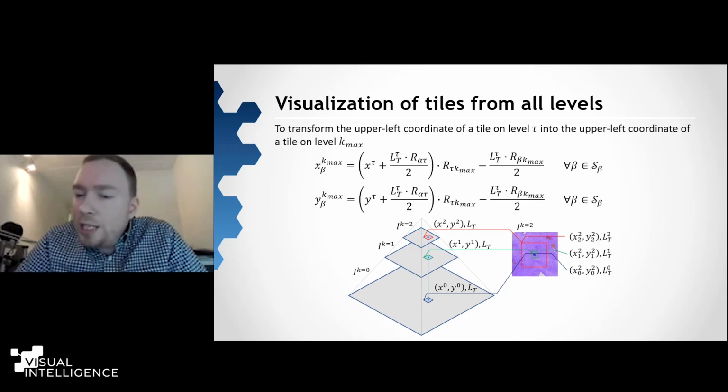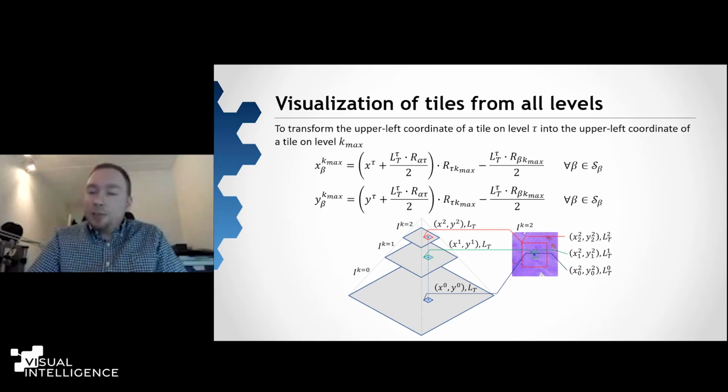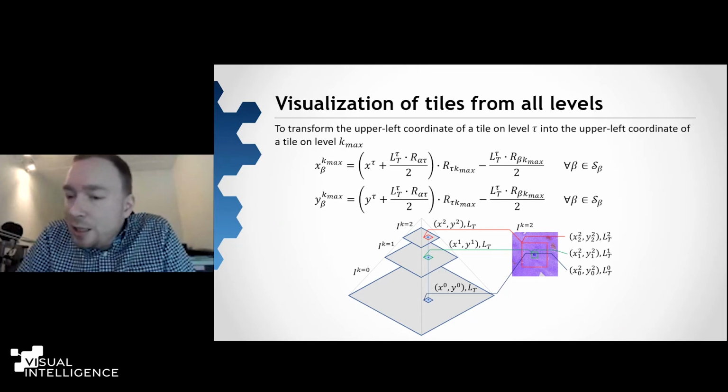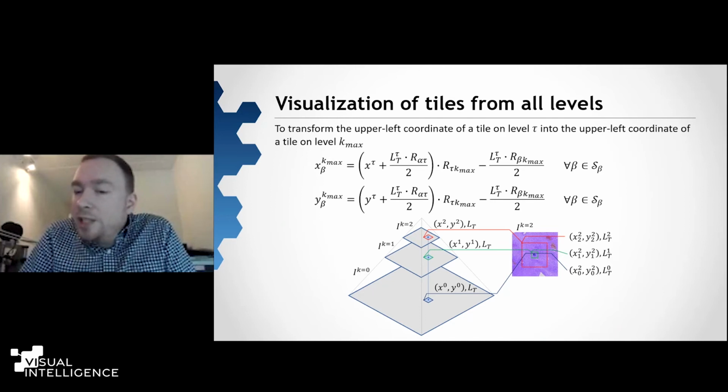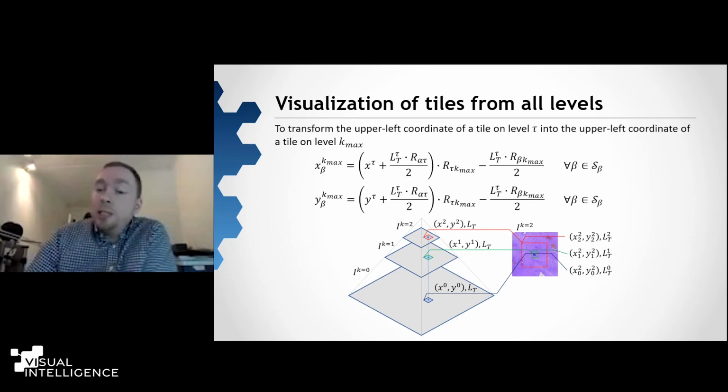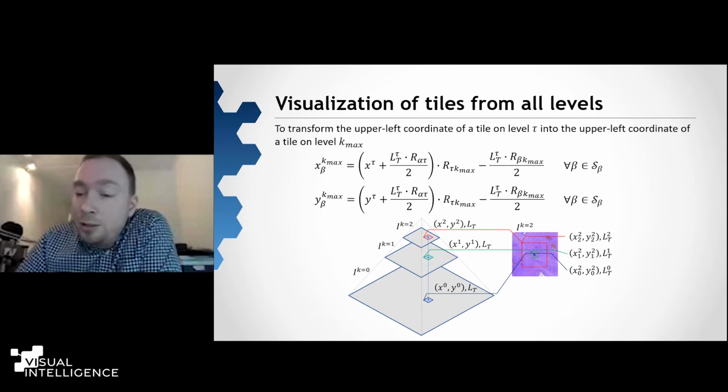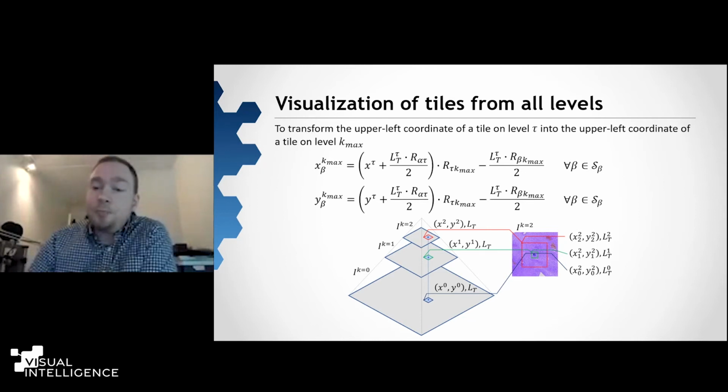And to do that, we need to transform all the tiles to this level. And as we saw earlier, when we do this, the apparent size of each tile also changes. That's the reason why we're multiplying the tile length LT with the ratio between the two levels in the transformation. And we do this to get the correct output size.